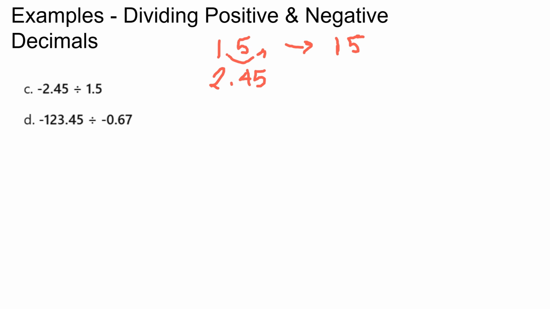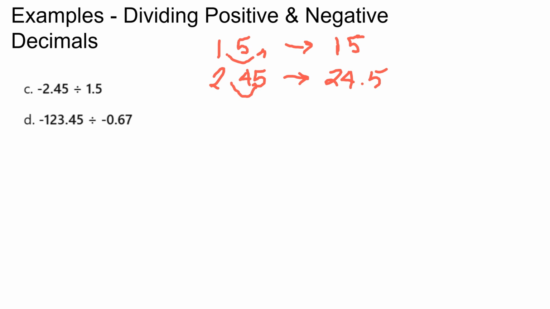So that would now become 24.5. Now, the goal is for both the divisor and dividend to become a whole number.